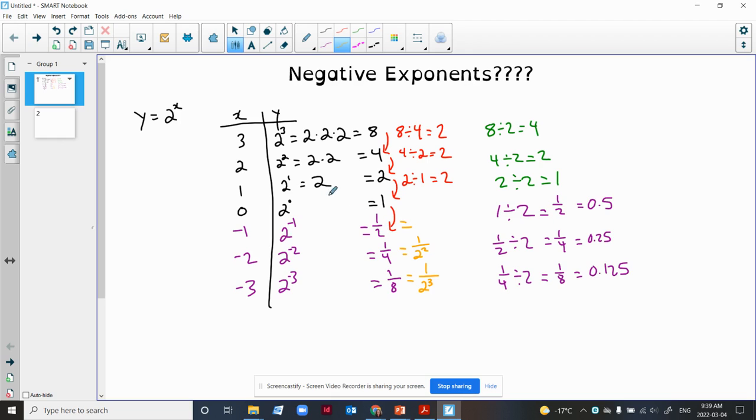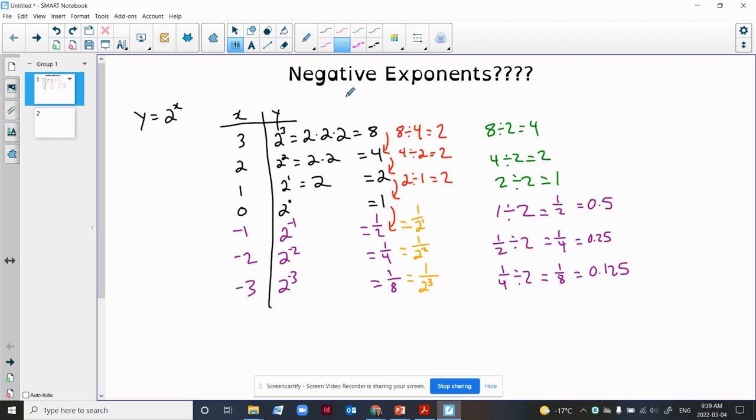And 2 is equal to 2 to the exponent 1, so 1 over 2 is 1 over 2 to the exponent 1. So our base 2 is still showing up, and when we have an exponent, we can still see that those are equal to each other.